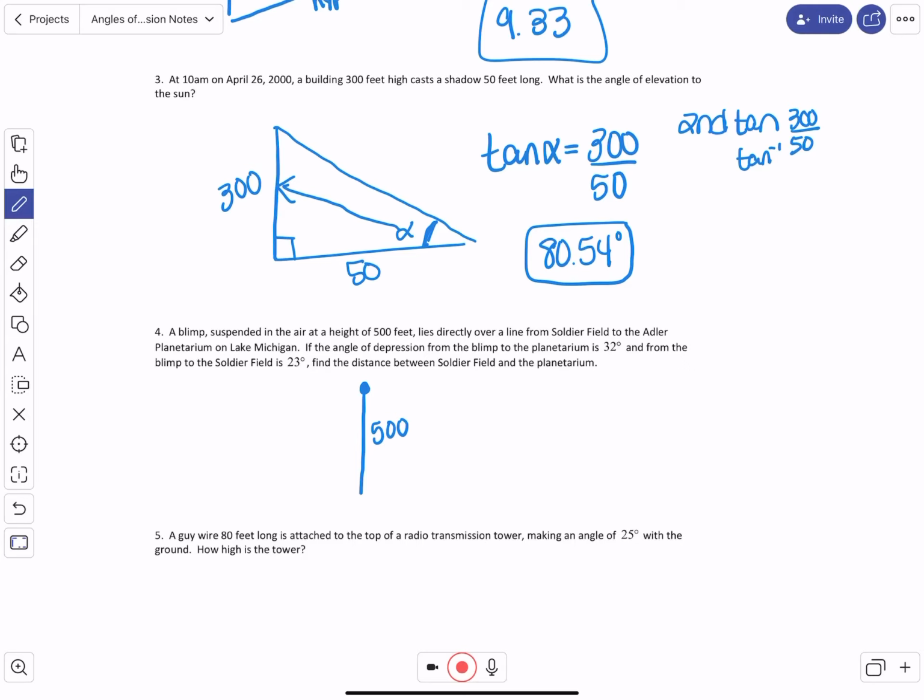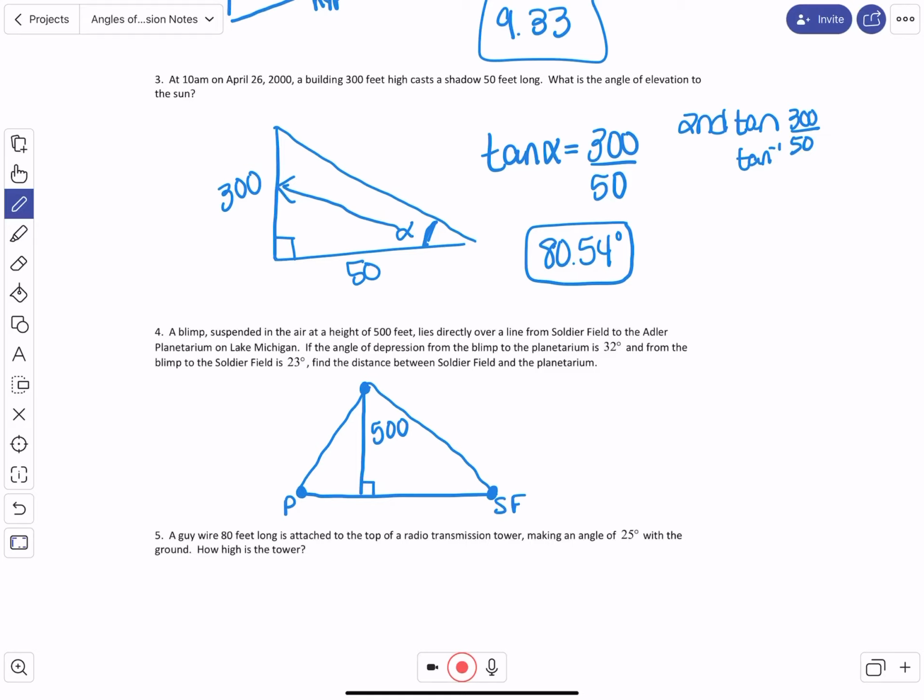So what's happening here is you've got two things: you've got the planetarium, and you've got Soldier Field. So we're forming two right triangles that are essentially back to back.